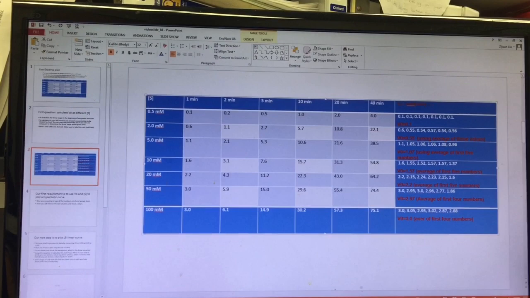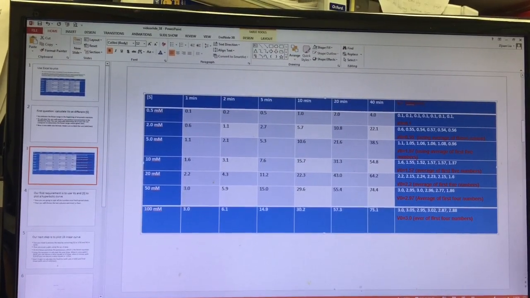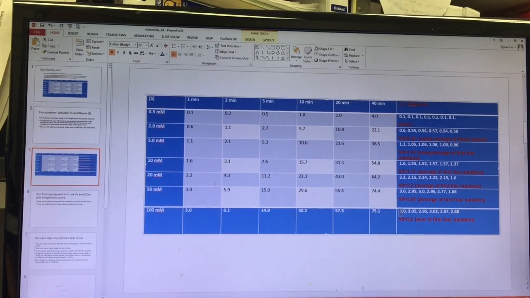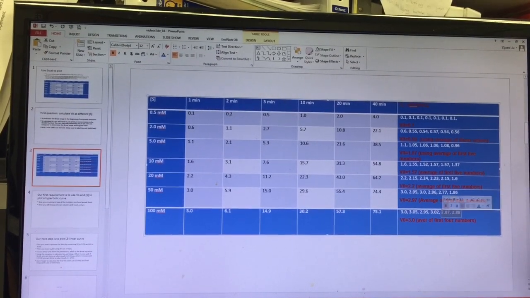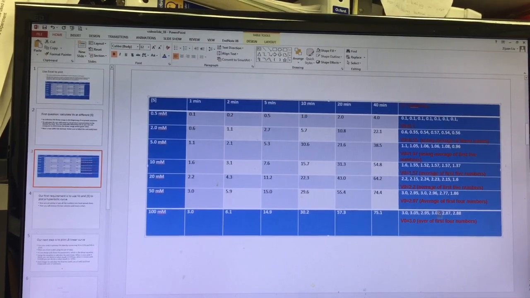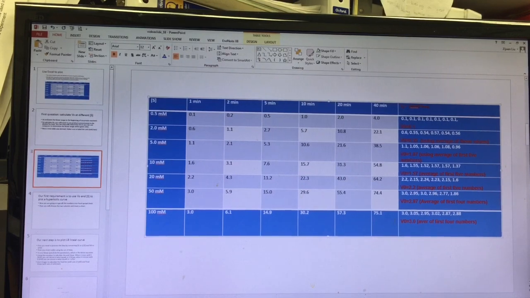Now if we look at even higher concentrations, like 100 millimolar, and we look at the initial velocities produced for each time, we'll notice that the last 2 numbers are radically different from the first 4. So this time, we're only going to average the first 4 numbers.